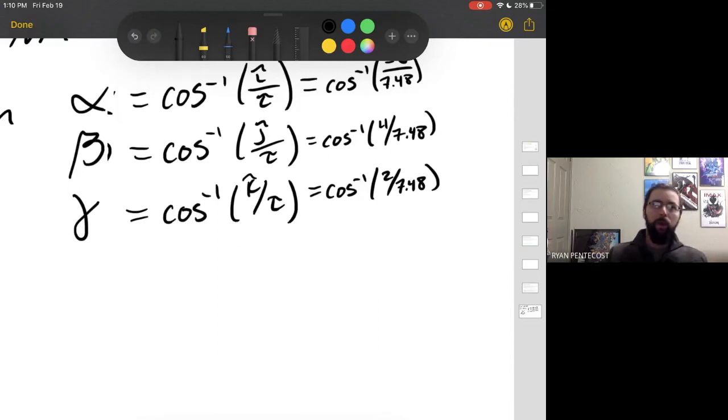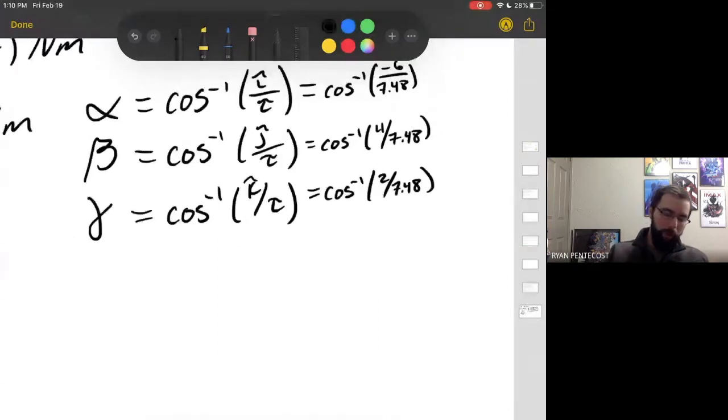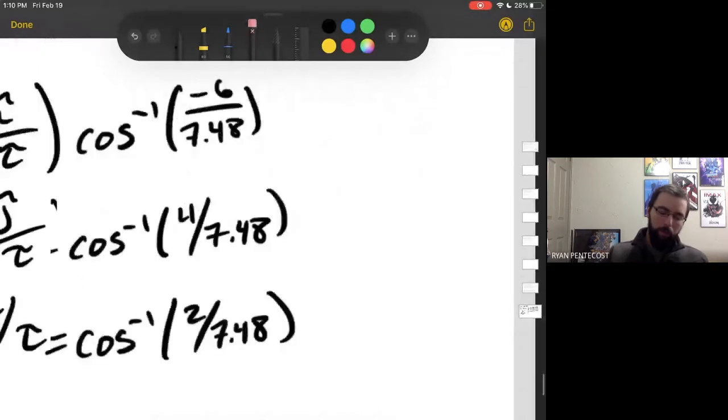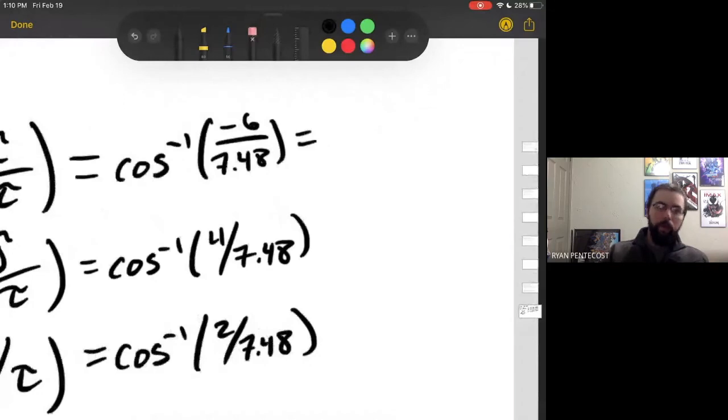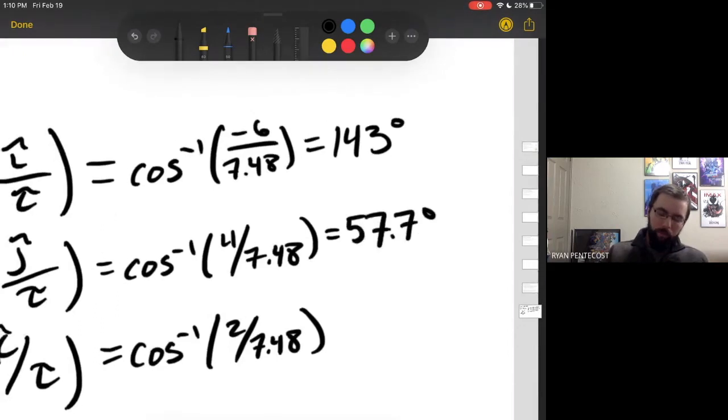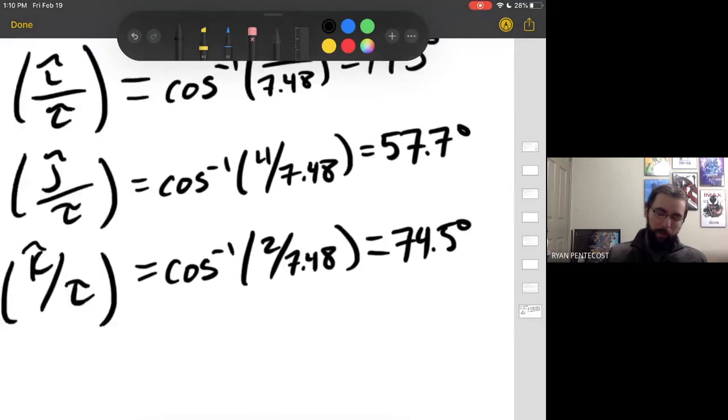So to describe the direction, we have the magnitude, 7.48, and the direction: alpha is 143 degrees, beta is 57.7 degrees, and gamma is 74.5 degrees.